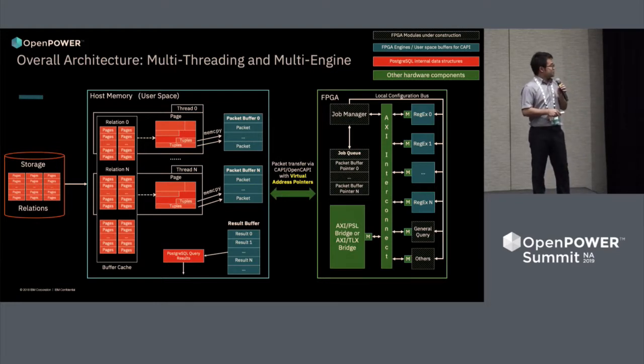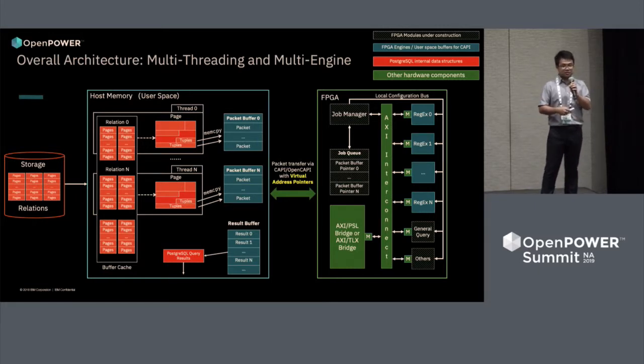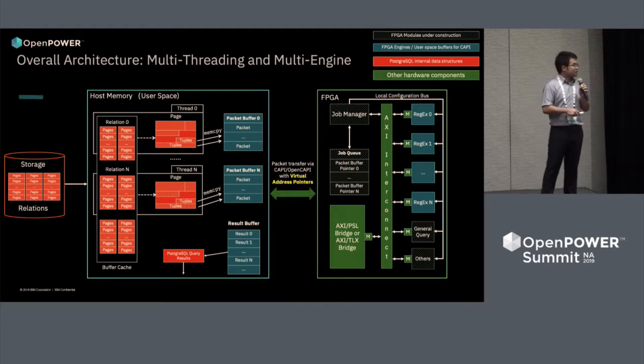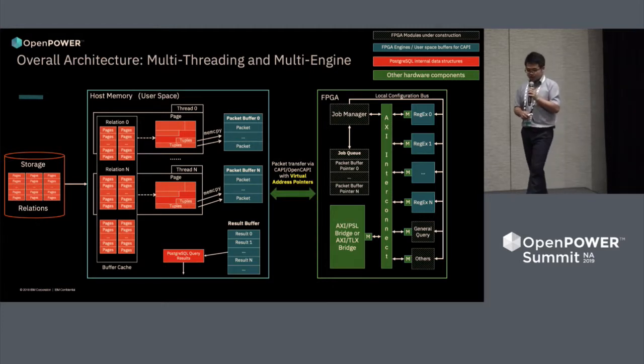By using this AXI interconnect and this bridge, the regular expression engines are able to fetch the packets, that is, the strings that will be matched with the regular expression. They fetch the contents of this buffer to the hardware, and then they perform the regular expression matching.